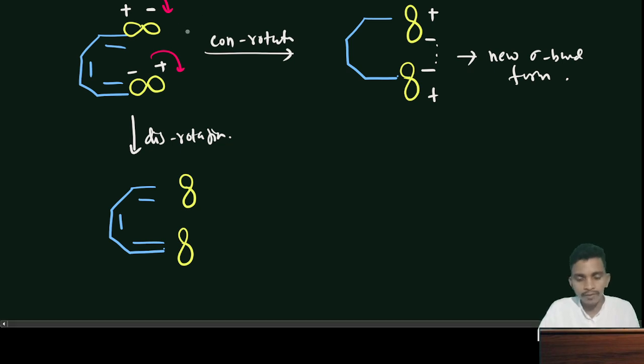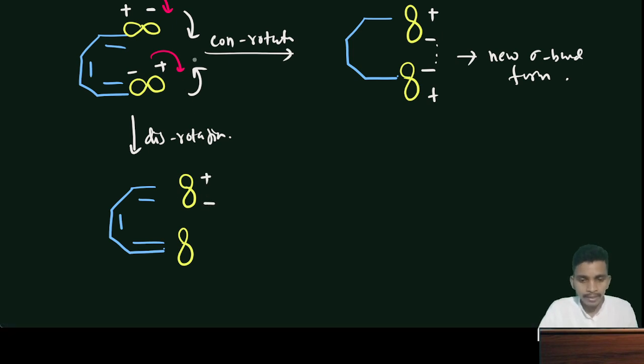Okay. Now if one I'm rotating like this, then the other I have to rotate anti-clockwise. So if I rotate clockwise, then this is going to be positive, this is going to be negative, and anti-clockwise, so this positive will go up and negative will come down, because I am rotating in the opposite direction. So this is going to be negative. So here bond formation will not occur. So no sigma bond will form.